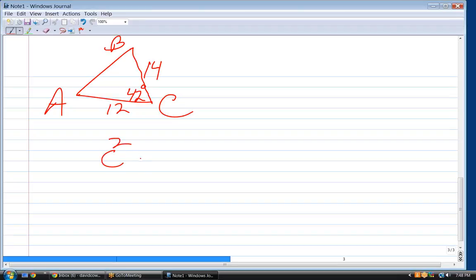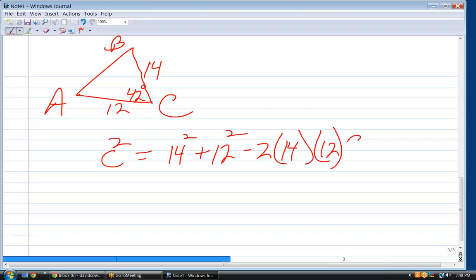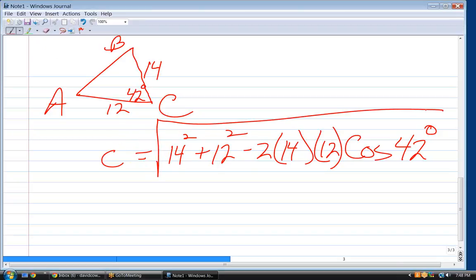So C squared equals what? C squared equals 14 squared plus 12 squared minus 2 times 14 times 12 cosine C. Cosine of 42 degrees. Again, there's only one unknown in this equation, and that's C. So C is going to be the square root of that number.